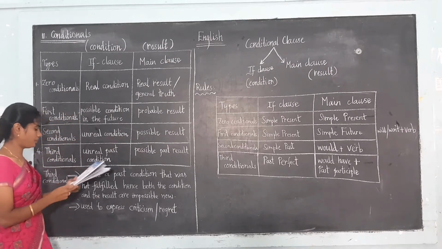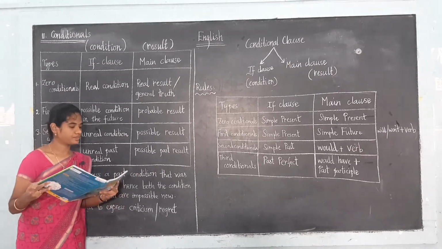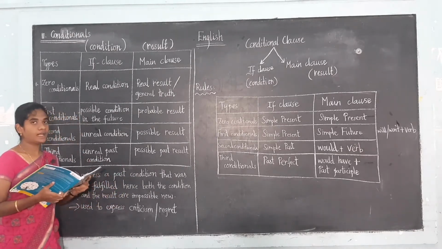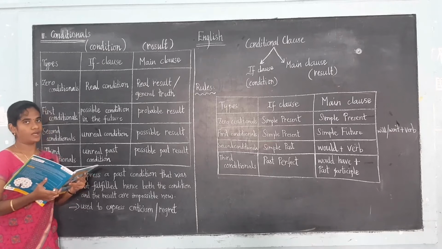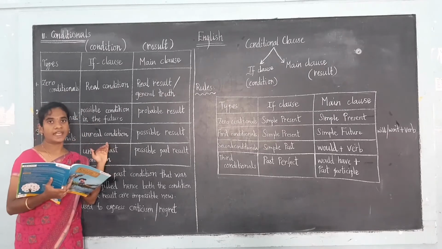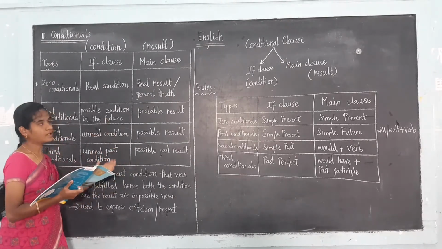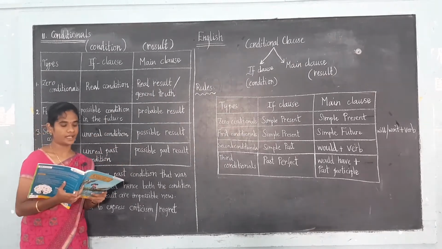Now all of you take page number 66. In that, the first one is the zero conditional. Here I have written some explanation for you, in this format, for your understanding.